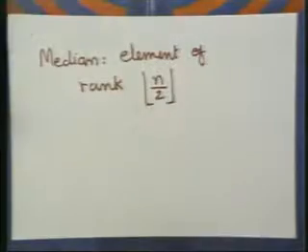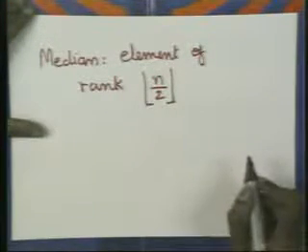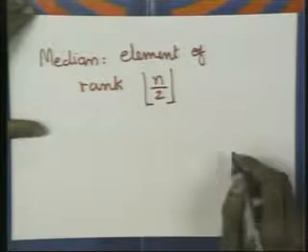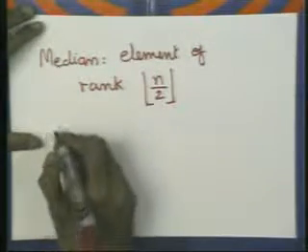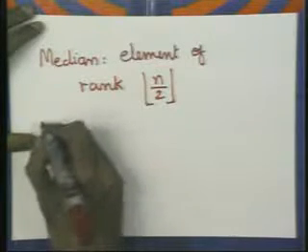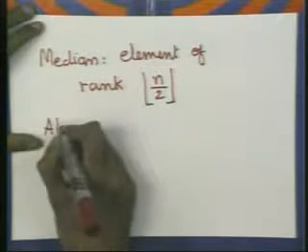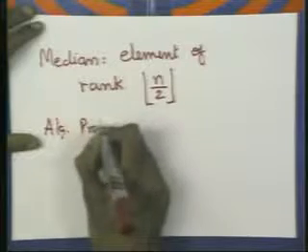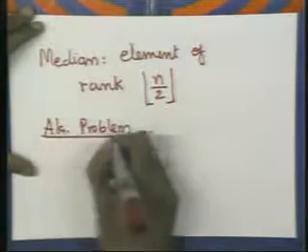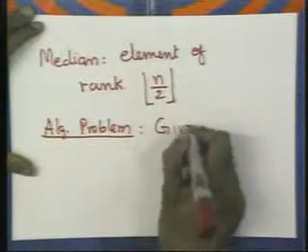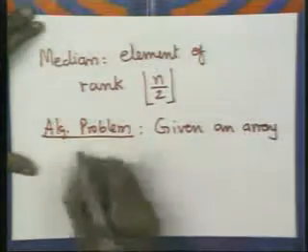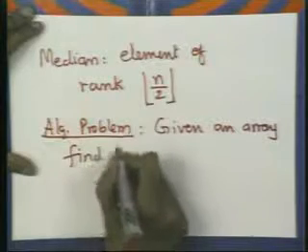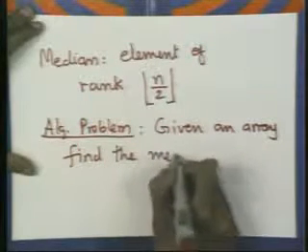So if n is odd, you take the floor of n by 2. And what we want to do is this. The algorithmic problem: given an array, find the median.